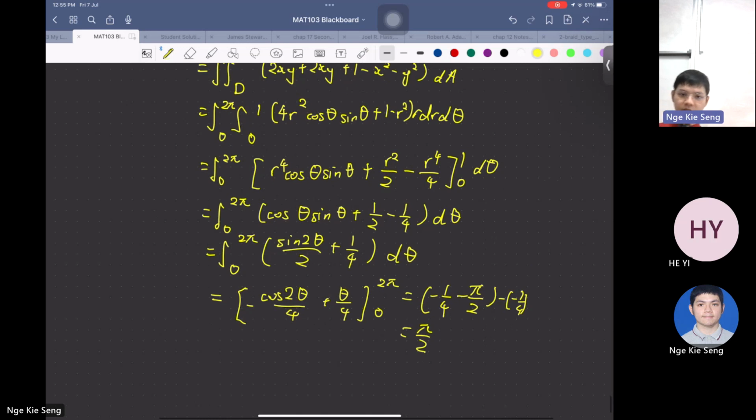These are just normal computations, but we haven't finished yet.